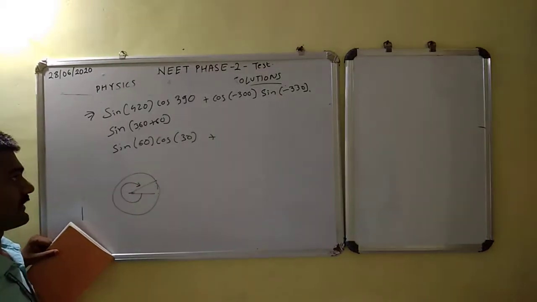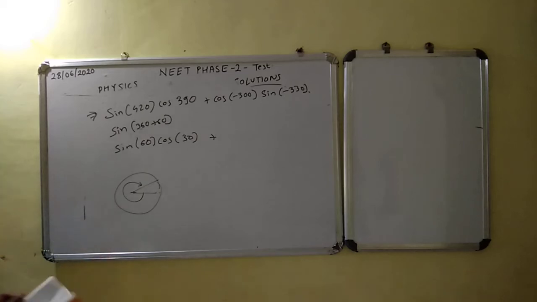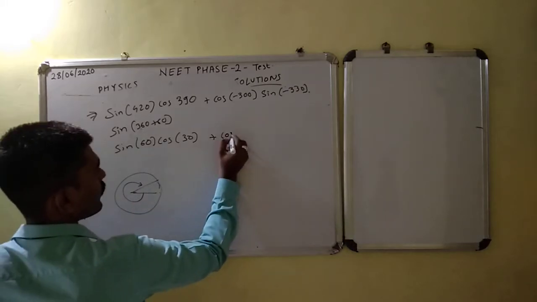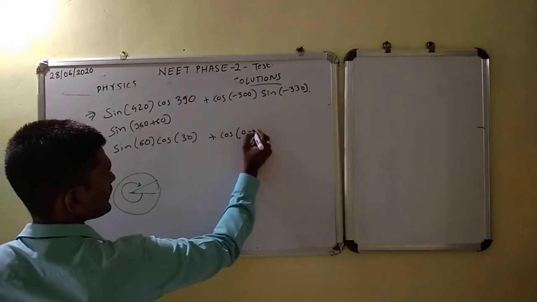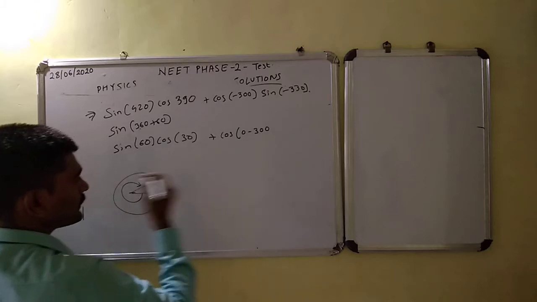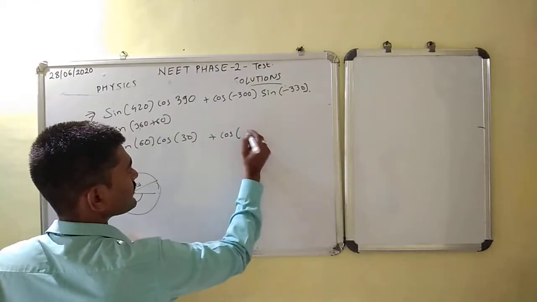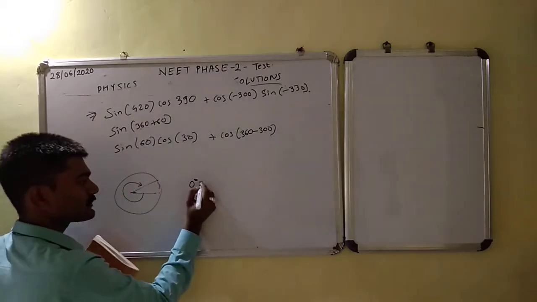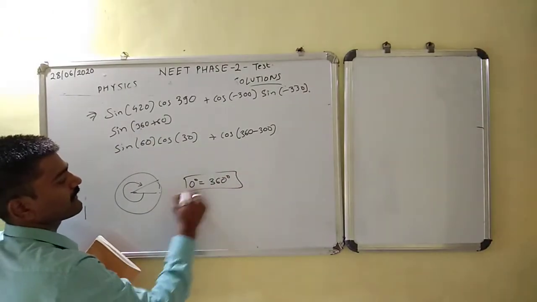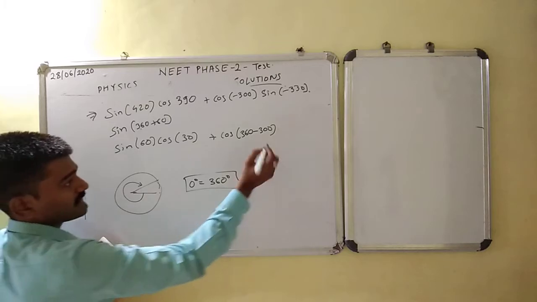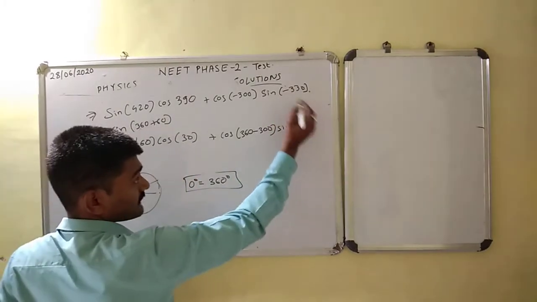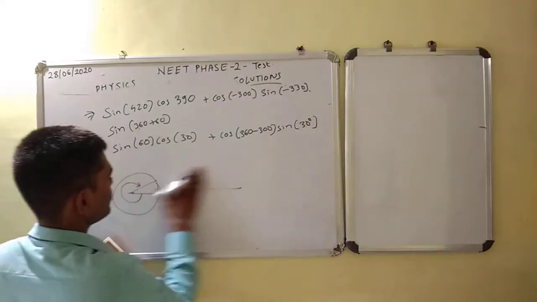Cos of minus 300 could be written as cos of 0 minus 300, and 0 is nothing but 360 degrees. So we can write this 360 minus 300. Because 0 degrees equals 360 degrees, right? So we are making that assumption. So 0 minus 300 we get 360 minus 300. Similarly here, sine of 360 minus 330 is 30 degrees. So we have made those values.